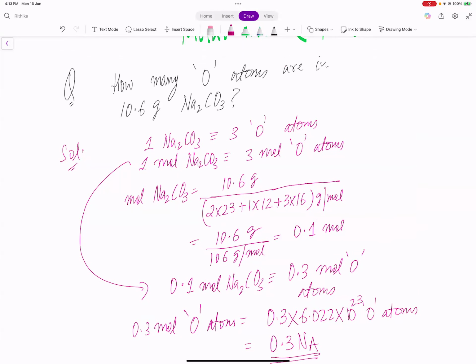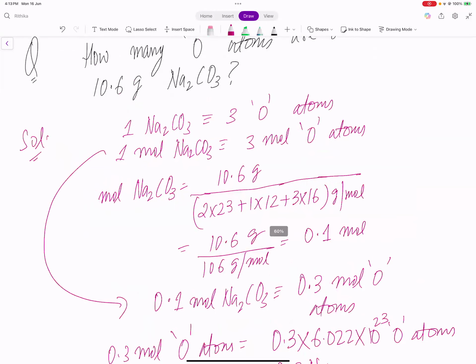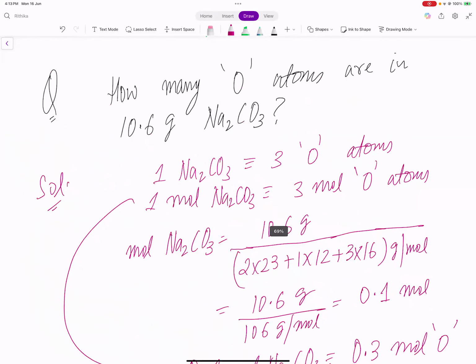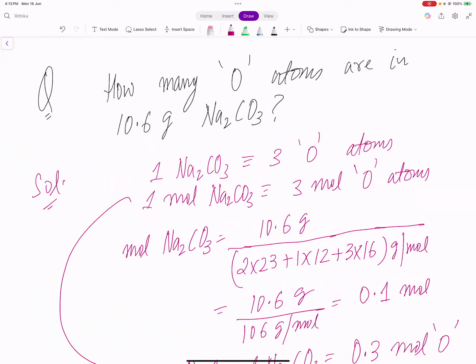If you are thinking something else, it means you are doing it wrong. So you have to think that 1 is this, so 1 mole is this. This is the first step in counting these simple things. Whatever you can say about the 1, you can say about the moles also. So this is the first step, and this is the second step. And after that, you have to calculate the moles.